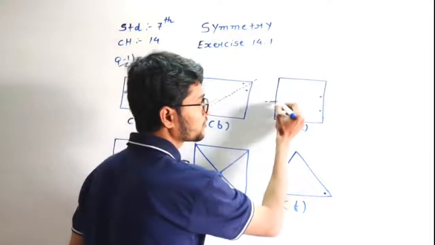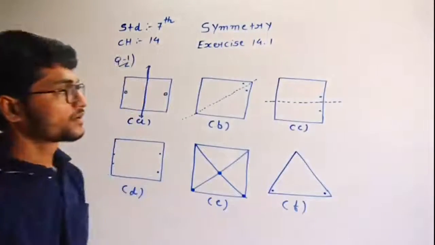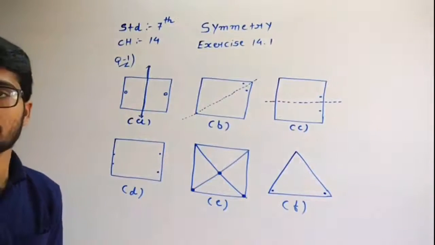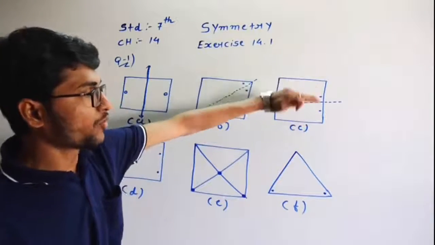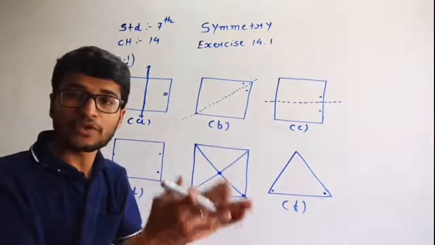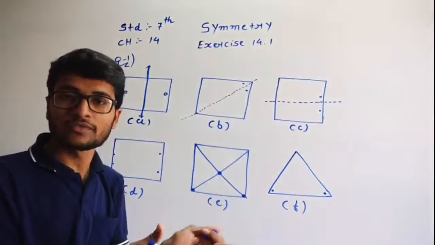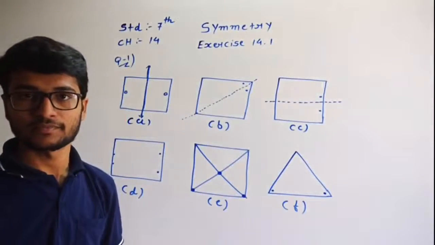No. Now we have to draw this type of line. So this one is also a line of symmetry. We bend them onto each other and they overlap, and these two dots overlap each other. It means equal parts that overlap each other. That's why this one is the right line of symmetry.